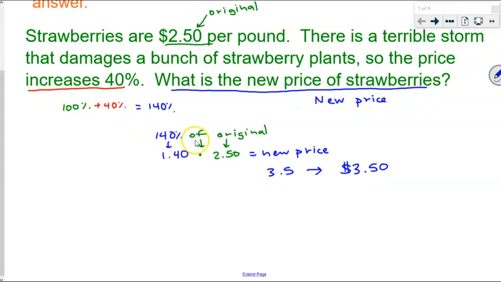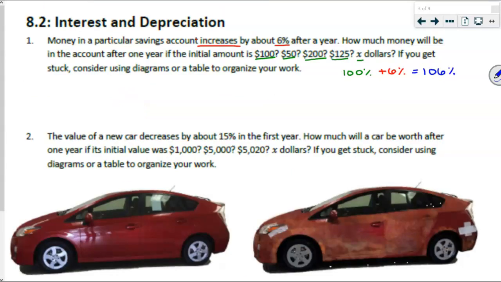I wrote 140% of the original. So what am I going to write here? 106% of the original. What is the original? Well, it changes for each part of this problem, right? But I do know that 106% of the original, what is 106% written as a decimal?